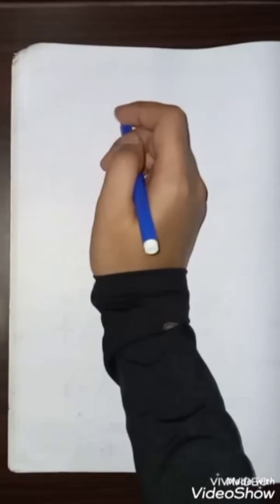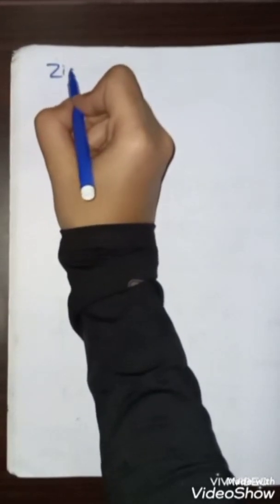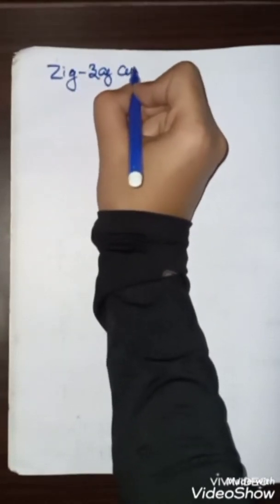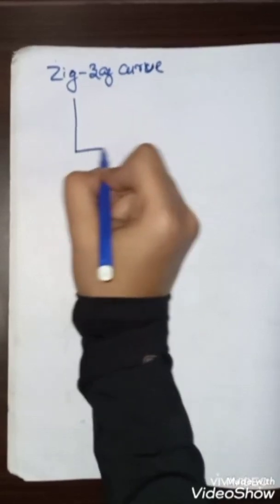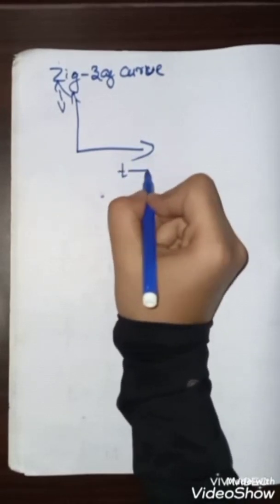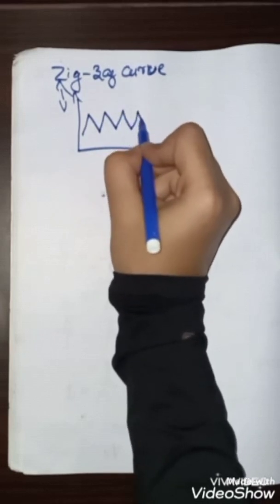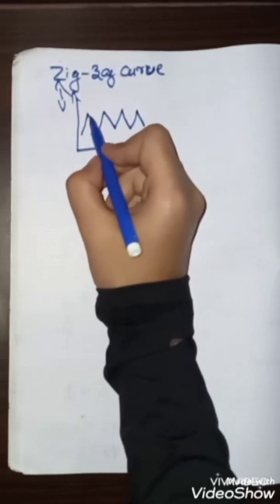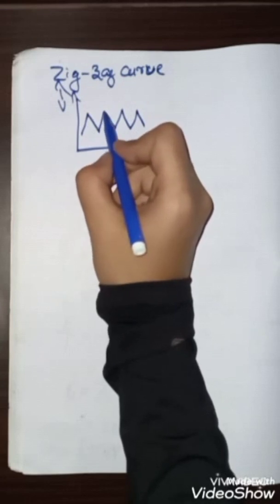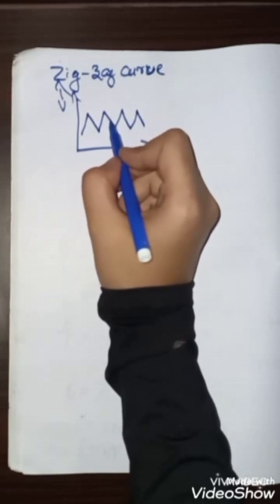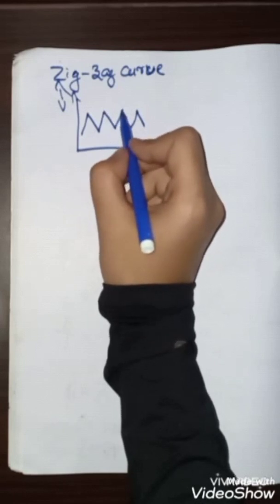Hope you understand that. And there is another velocity time graph of non-uniform motion, that is the zigzag curve. How is it? Here it is velocity and here it is time, and the graph will be like this. Here first the velocity increases, then the velocity decreases, then again increases, then decreases, and here also increases.